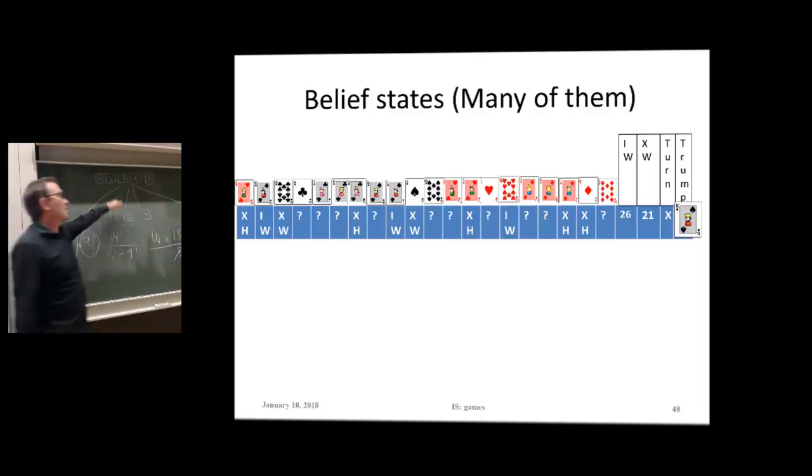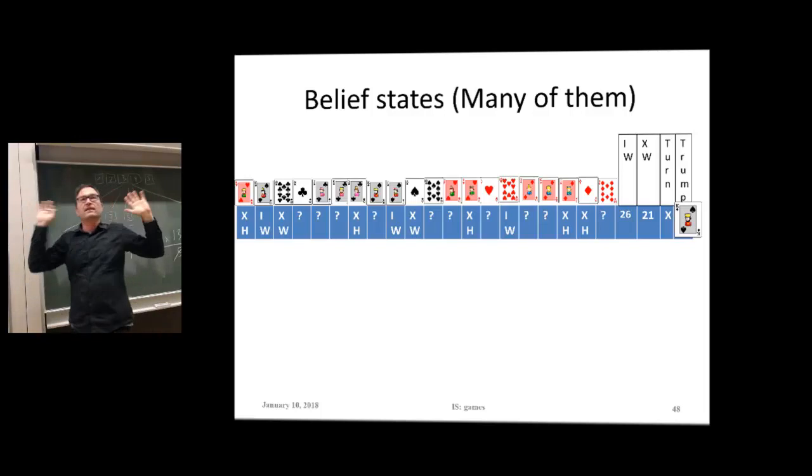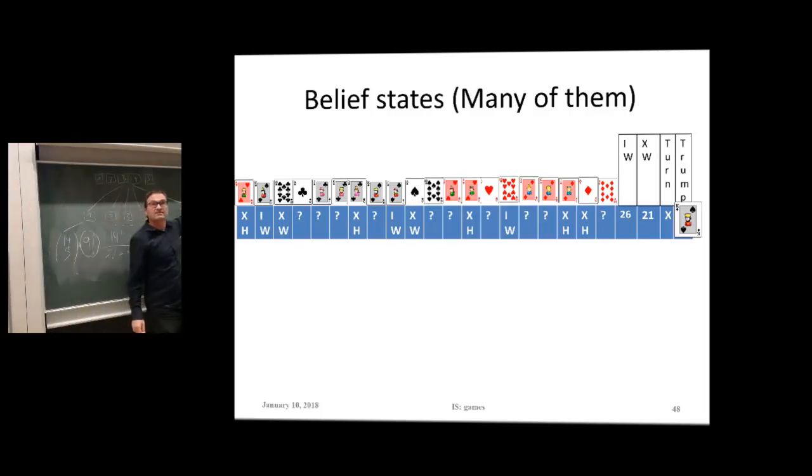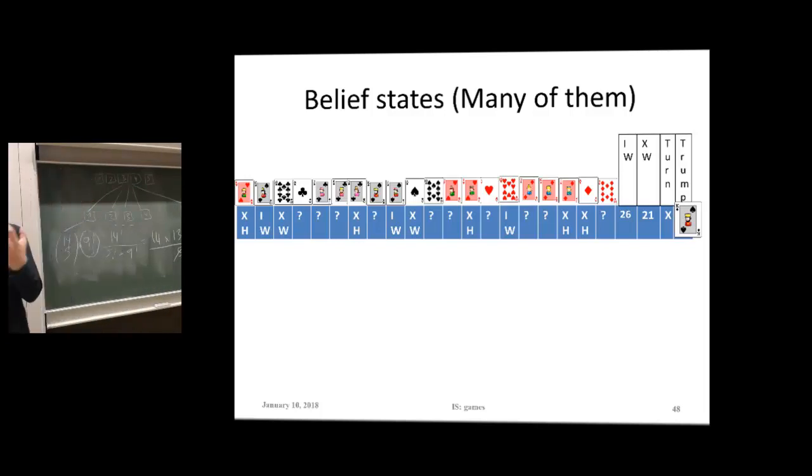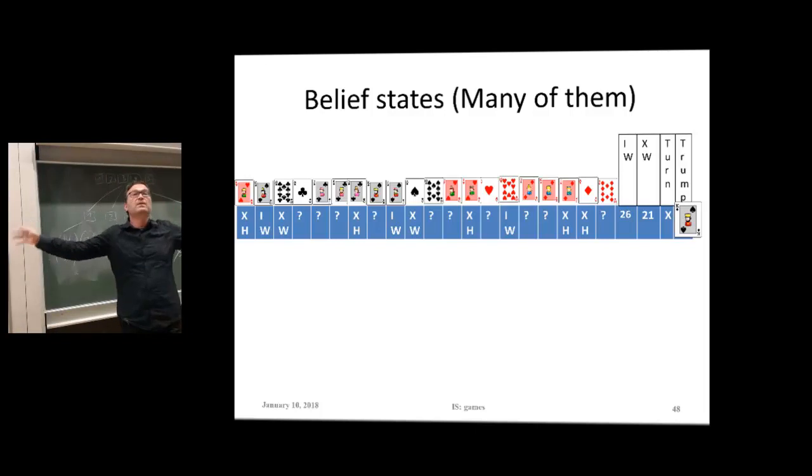Believe me, if you consider chess, you have a branching factor of about 20. We have a branching factor of 2,000 at least. So we're really getting into a problem that we have to search a tree that is incredibly complex.